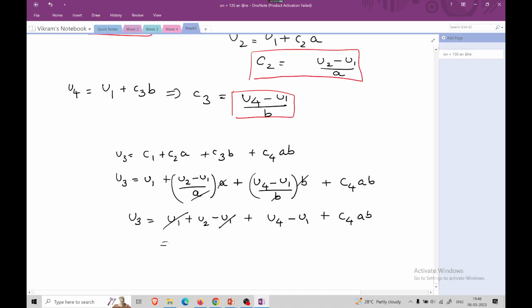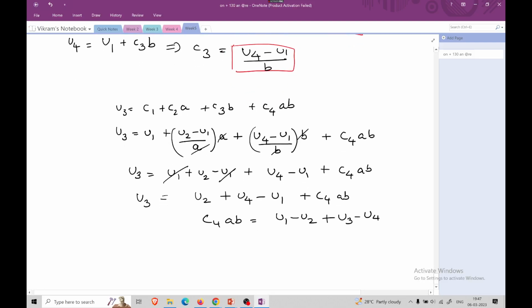So it is going to be u2 plus u4 minus u1 plus C4 ab. So C4 ab is equal to u1 minus u2, I am taking this to this side, plus u3 minus u4, correct.